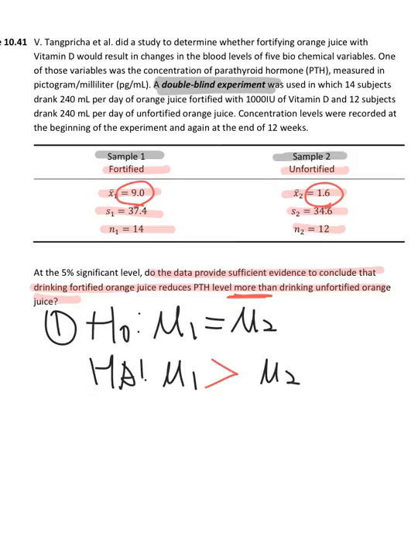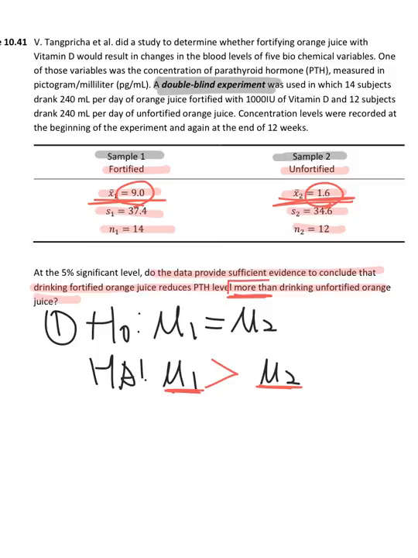We just follow the inequalities. Even though 9.0 and 1.6 were the sample means, and mu1 and mu2 are the population means, it is the same thing.